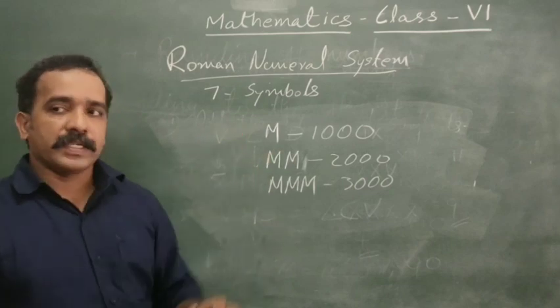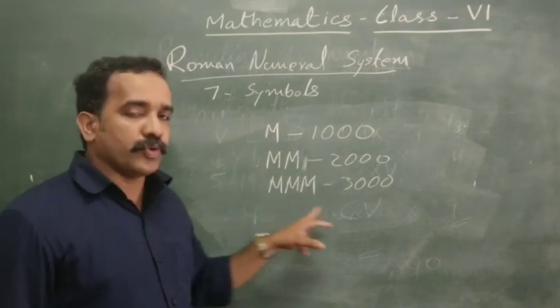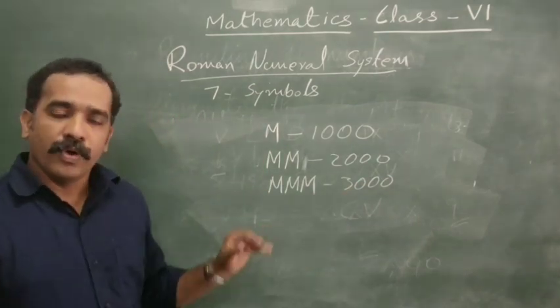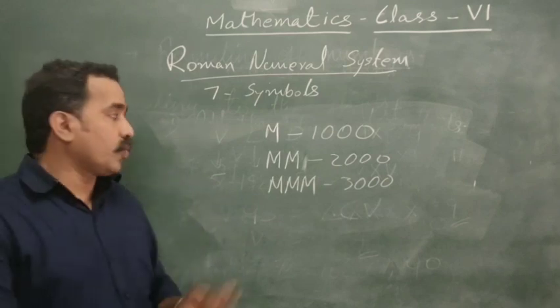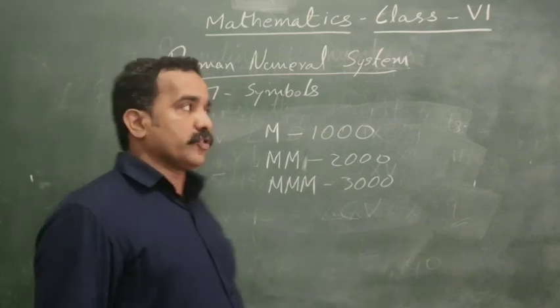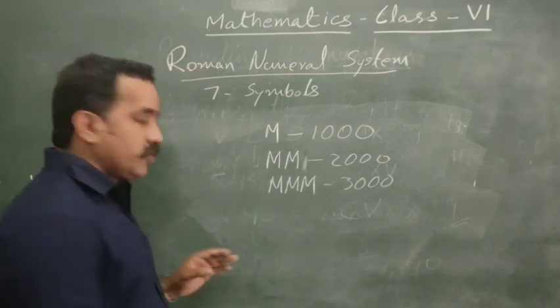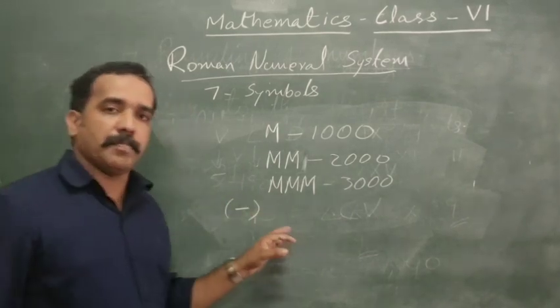To represent thousands, there is another method. In this way, up to 3000 you are able to write. But there is another method to represent big numbers like 4000, 5000 and all. To represent 1000, we use a bar symbol.